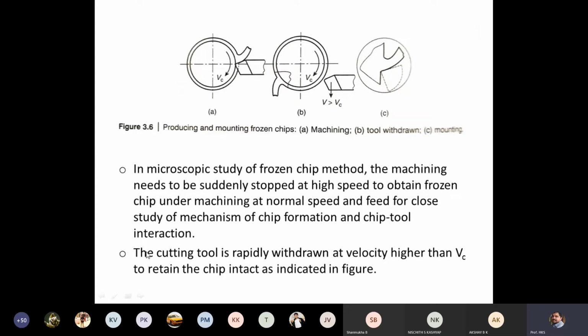Then the cutting tool is rapidly withdrawn, quickly, at a velocity higher than VC to retain the chip intact, as indicated in the figure. So the velocity of taking the tool back will be greater than the cutting velocity. That is denoted here. Later this chip will be taken for microscopic study.